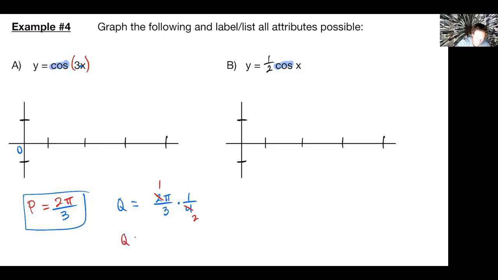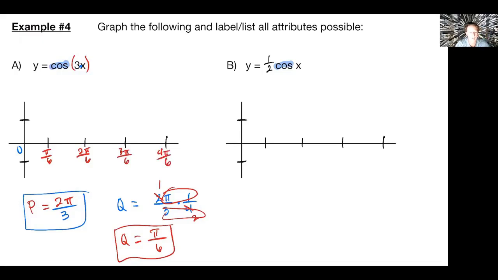And so my quarters would actually come out to be pi over 6. Which means all I have to do is increase by a pi over 6 to get my 5 key points, or my 4 quarters, on top of my starting place at 0. So I'll take 1 pi over 6, 2 pi over 6, 3 pi over 6, and 4 pi over 6.